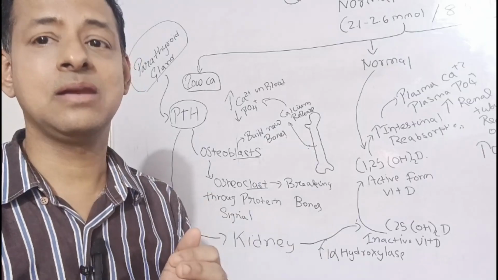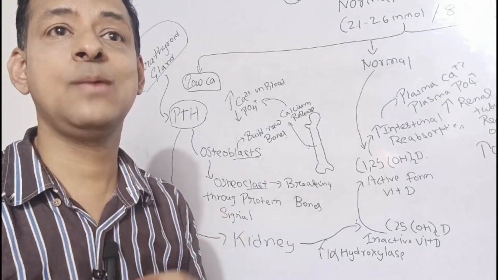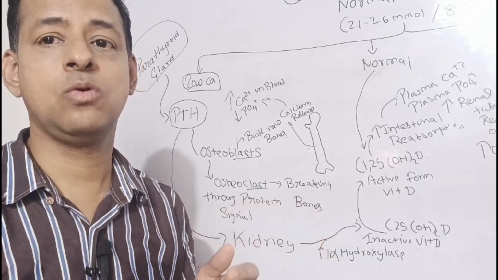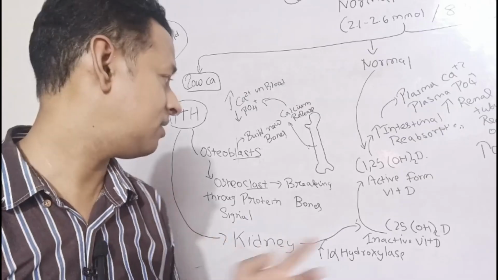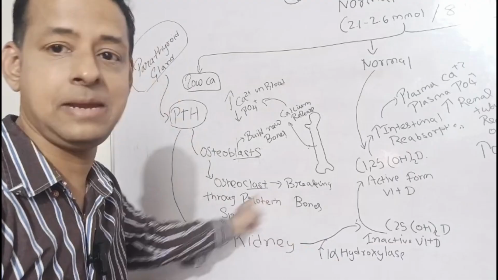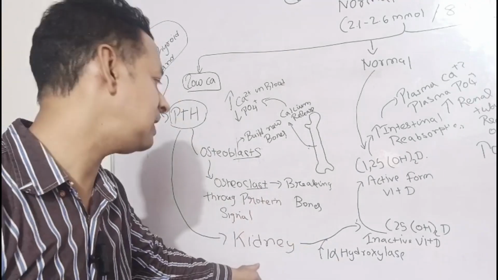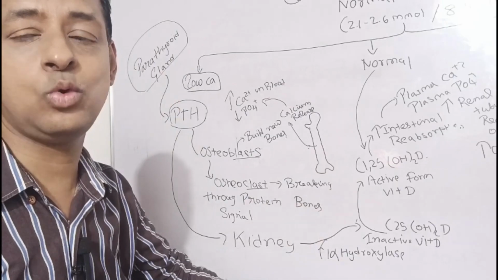And Hrithik Roshan activates Sunehri, who is vitamin D, from inactive Sunehri to active Sunehri. Further, Hrithik Roshan travels to the kidney and activates Sunehri from the inactive to the active form.